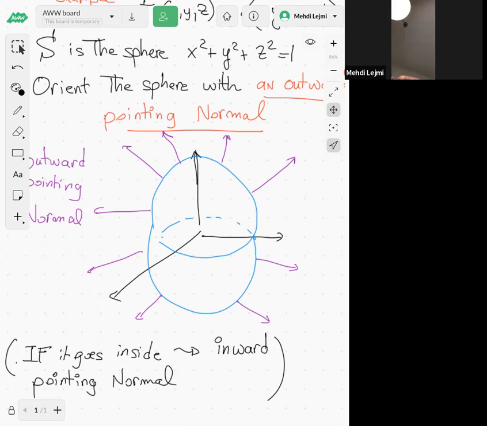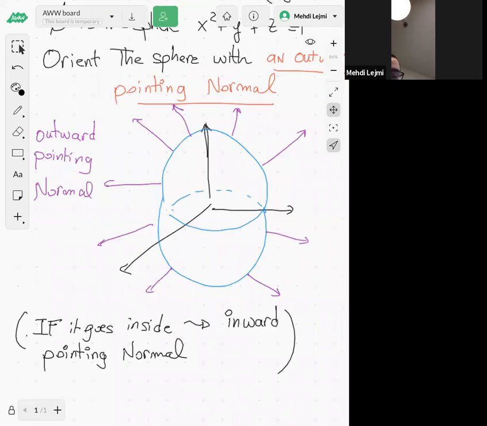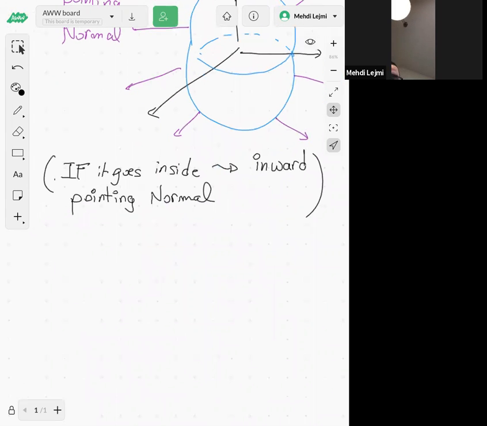Now, if you parameterize the sphere, I'm going to use just the usual parameterization for the sphere and see the direction of the normal vector.